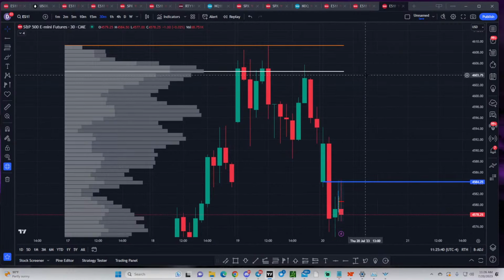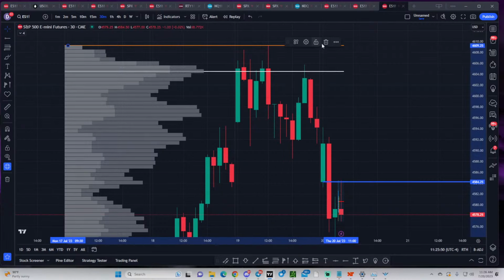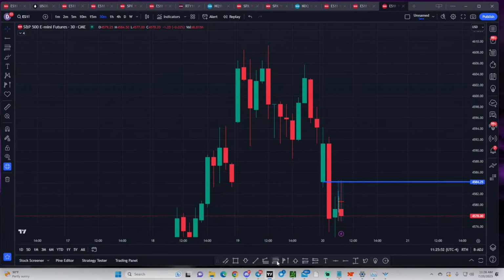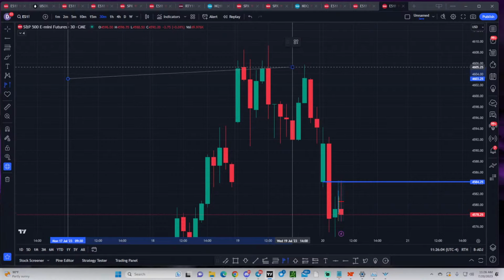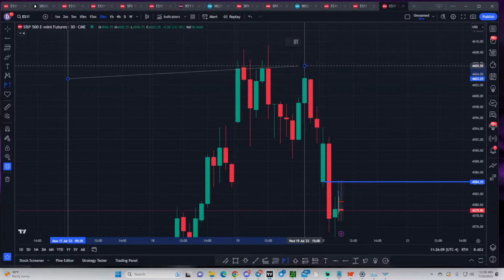So this right here, yesterday, it failed right at POC. I'm sure POC was there yesterday, but to validate that, I can just redraw the volume profile and go back to Monday. This is the closing on Wednesday, and then Thursday. It tested on Thursday.